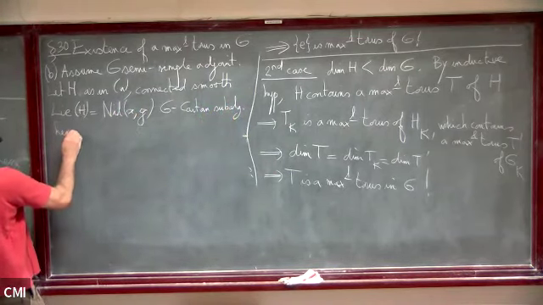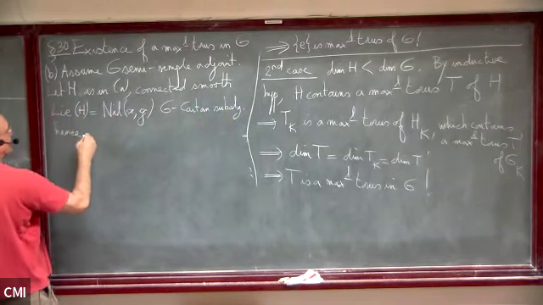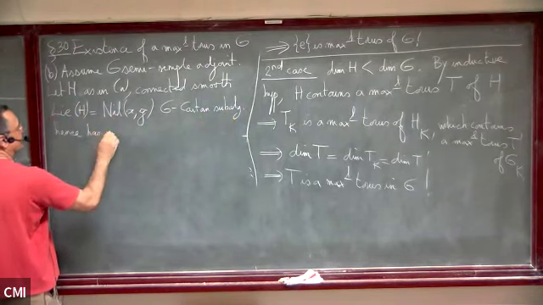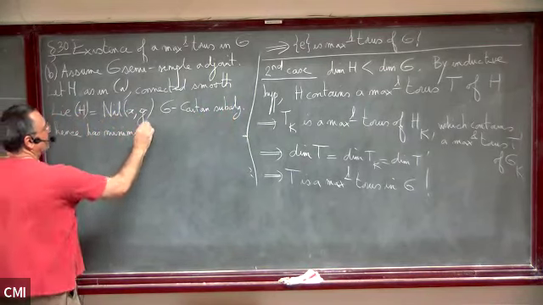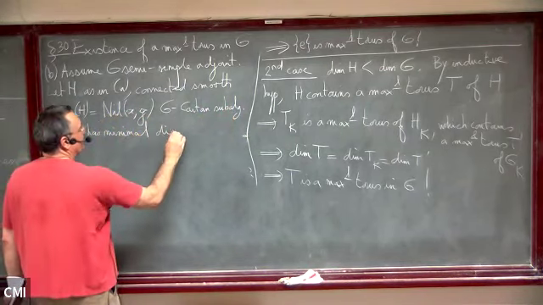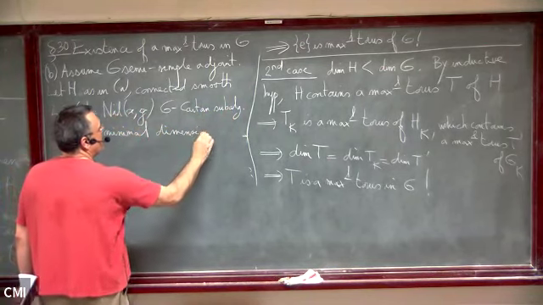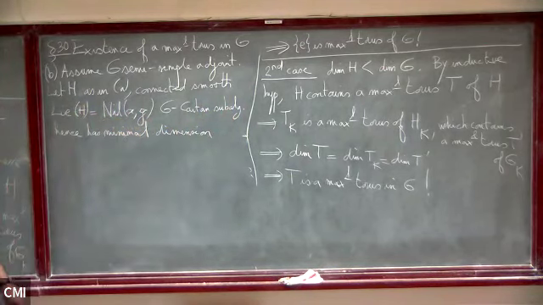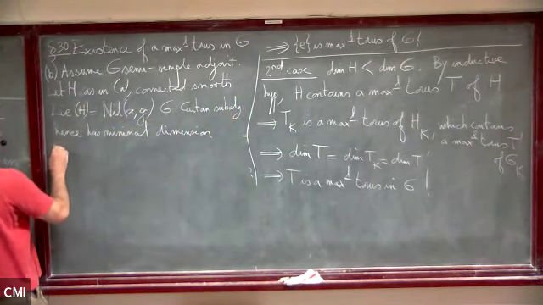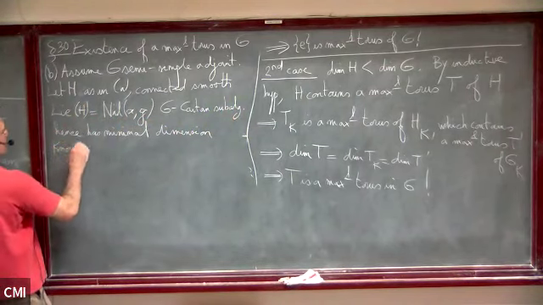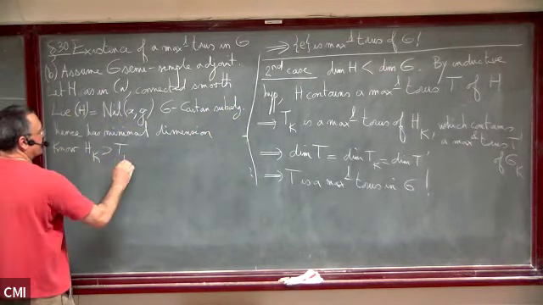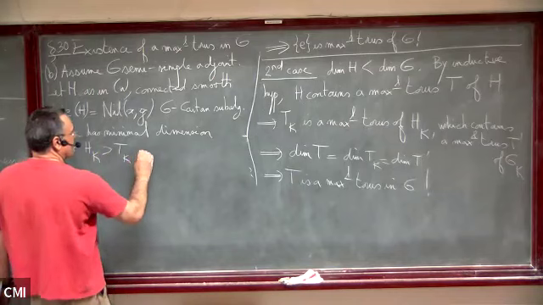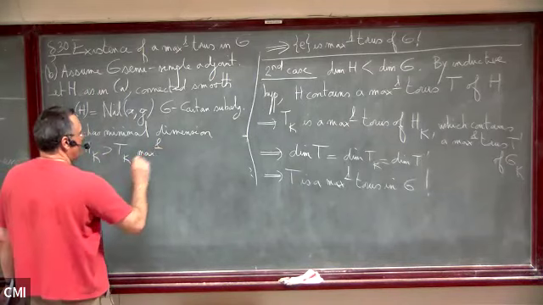Hence, as minimal dimension among those possible. And we know that HK contains some TK, which is a maximal.